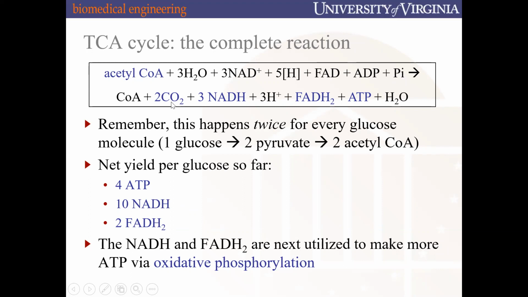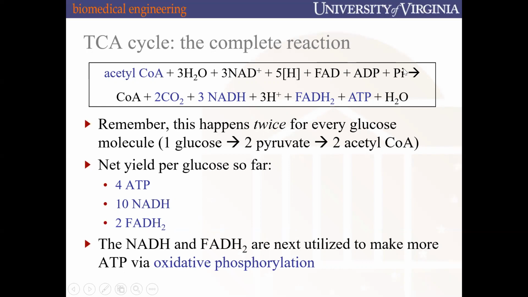Then the products, if you remember, with the oxidative decarboxylation reactions, give us the release of CO2. And the hallmark of this cycle is the generation of these reducing equivalents, NADH and FADH2. And again, that one step where we have the formation of GTP and then the substrate-level phosphorylation to give us an ATP.